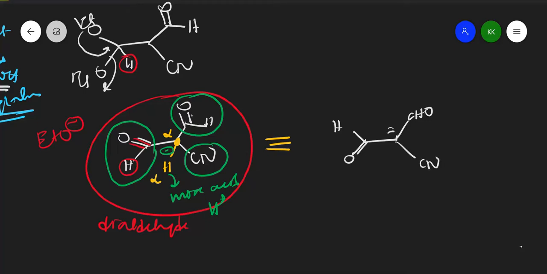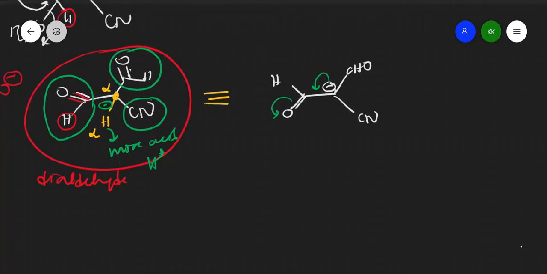Now the negative charge is on this carbon because that proton was acidic and I have removed that proton. Further, it can undergo conjugation like this. So if it undergoes conjugation, I'll get C double bond C, CHO here, CN here, and here I'll get C minus, and H will remain as it is.